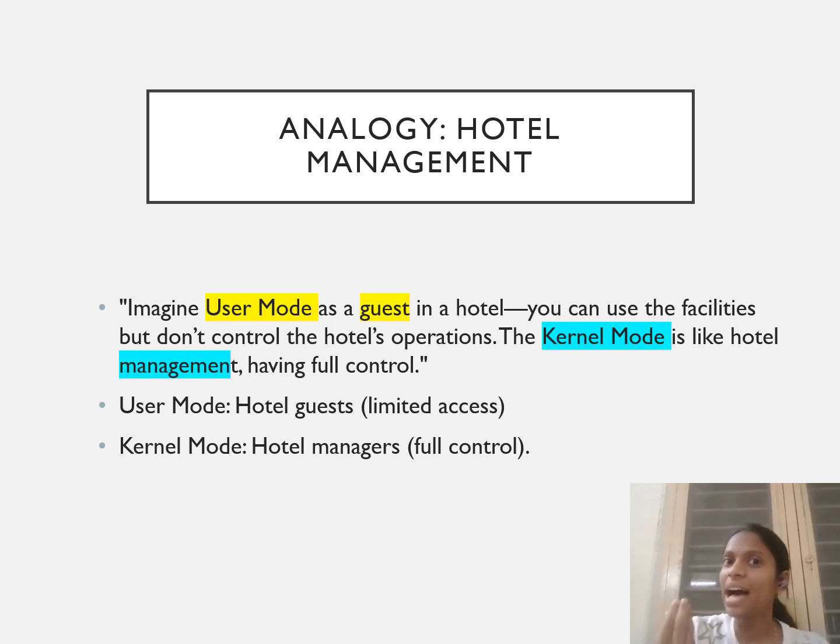I mean, you have access to the hardware. I hope this example is bringing a correct connection between these modes and your computer, right? I mean, user mode works as a guest, whereas kernel mode acts as hotel management, which has full control.